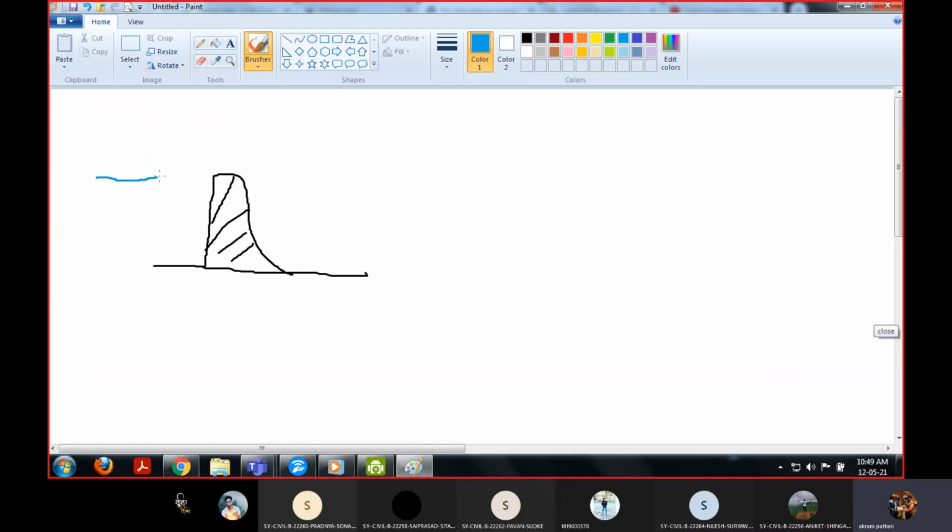When the water is flowing above this crest level and coming at the bottom, this is called the nappe, the nappe of water or the jet of water.